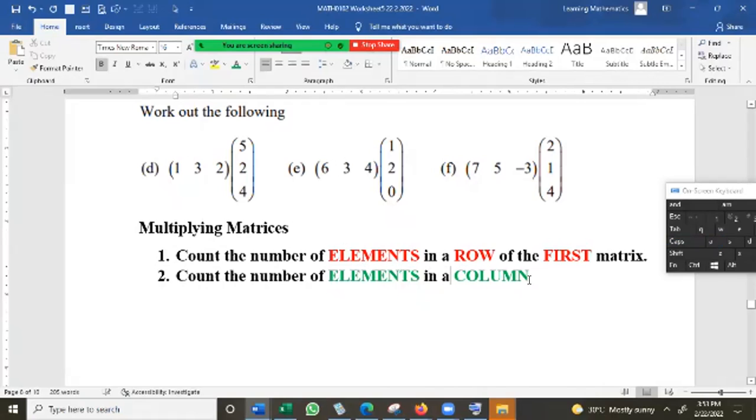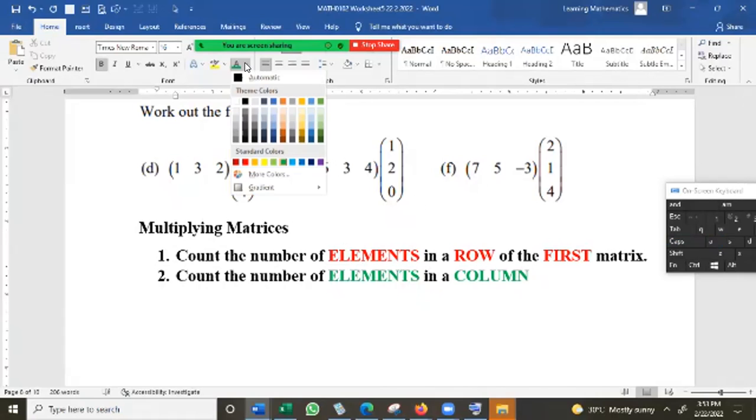The number of elements in a column of the second.